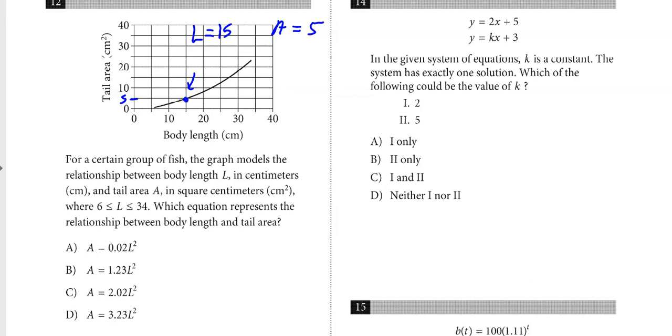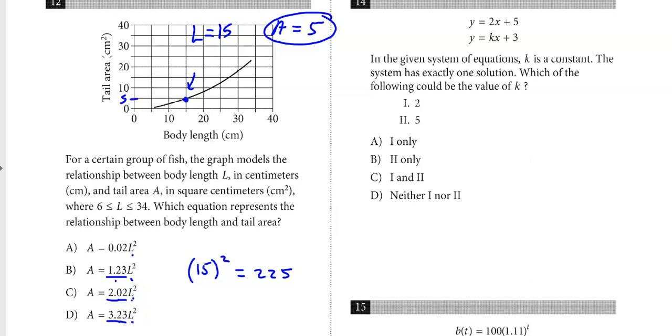Well, if you look at all of these, they all have L squareds. If I plug L as 15 in, 15 squared is a big number. That's 225. I'm supposed to get an answer of 5 out of that. All of these numbers are going to make that even bigger. 1 and a little bit times 225. 2 times 225. 3 times 225.